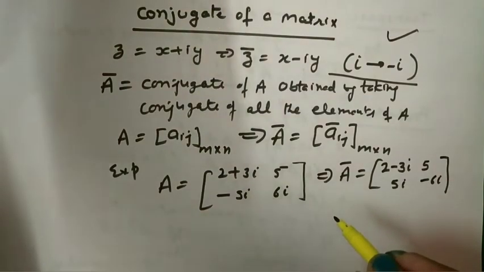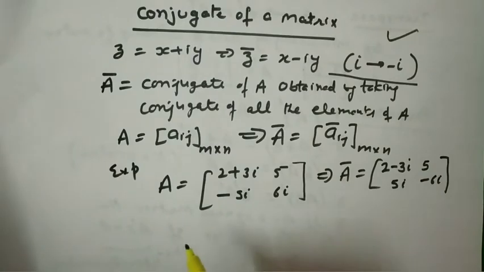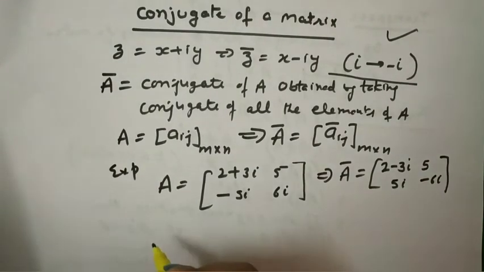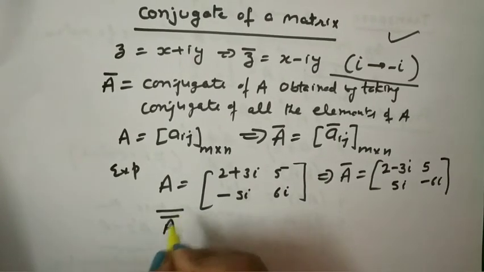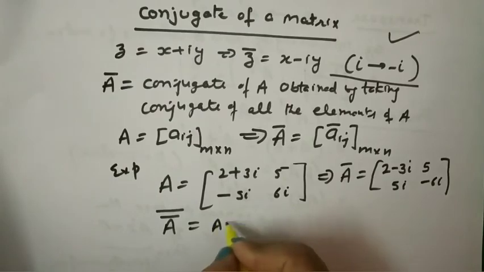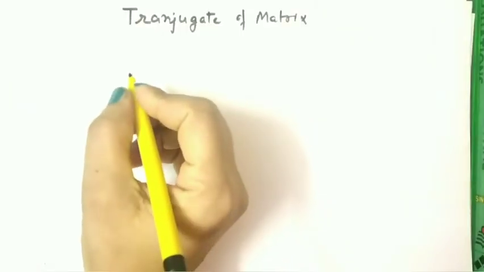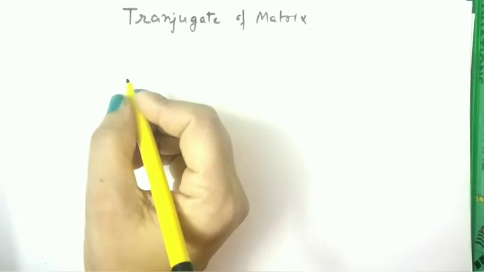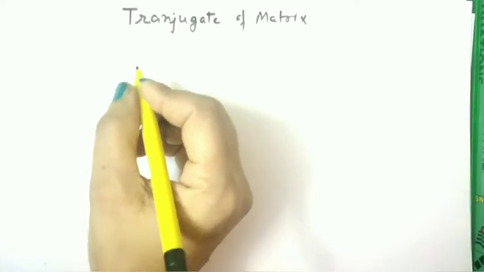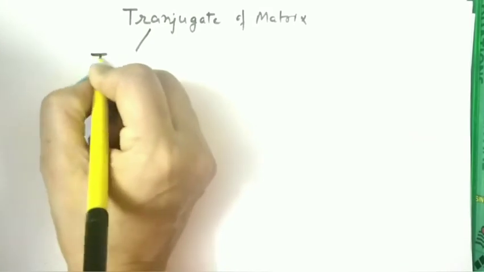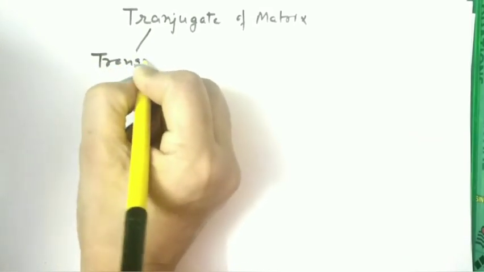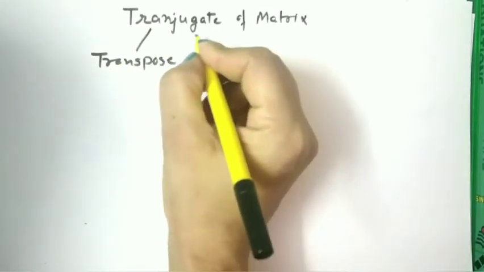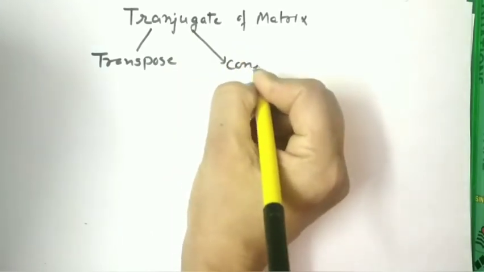So now there are a few properties of this conjugate also. We will talk about it later. Just you have to remember this, if we apply the conjugate twice on a matrix, then we get the matrix A. The next definition is, we have to combine two operations, transpose and conjugate.